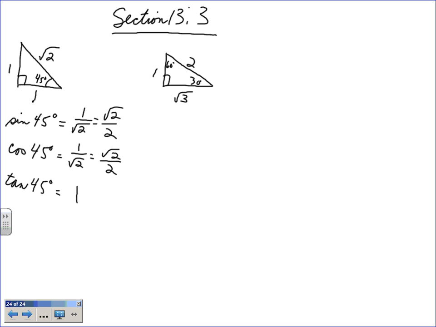And you could use Pythagorean theorem to verify that. Okay, well, let's find out what the sine of 30 degrees is. Can you tell by looking? What's the sine of 30? Opposite over hypotenuse, 1/2. So the sine of 30 degrees is 1/2.